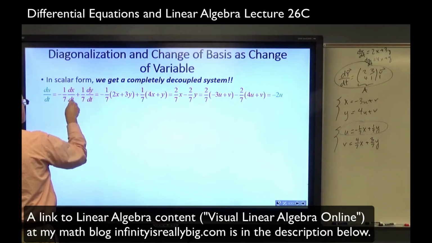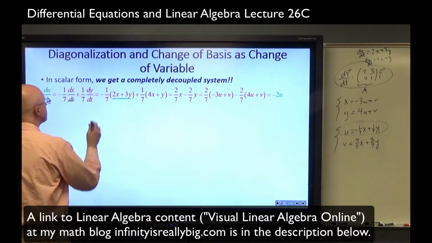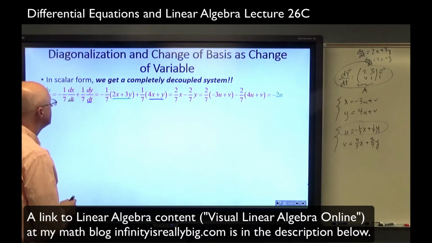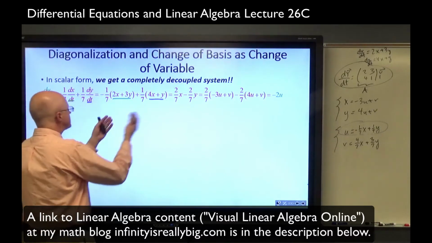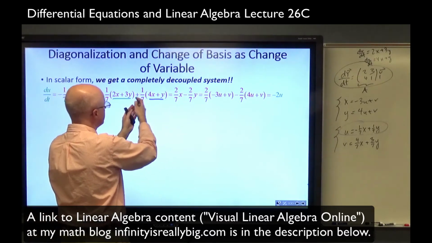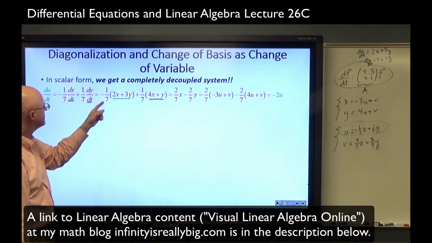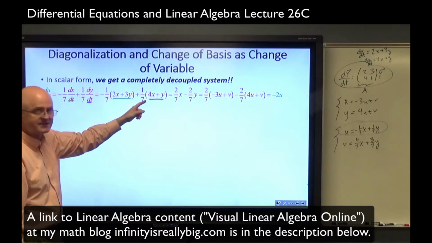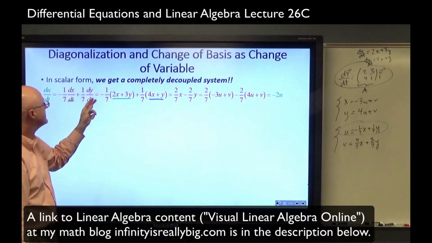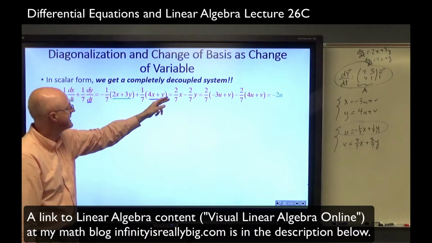Those match. Replace dy/dt with 4x plus y. Those match. All right? Simplify, expand, multiply the negative 1/7 through here and the positive 1/7 through here, and group together the like terms. For the x term, you get negative 2/7 x plus 4/7 x, which is positive 2/7 x. For the y term, you get negative 3/7 y plus positive 1/7 y, which is negative 2/7 y.